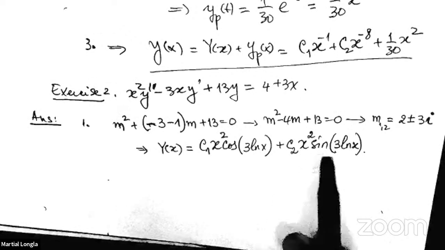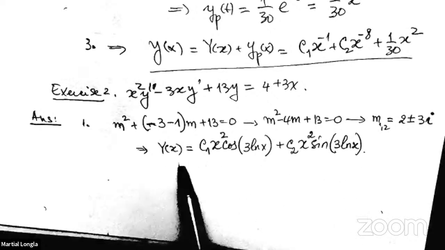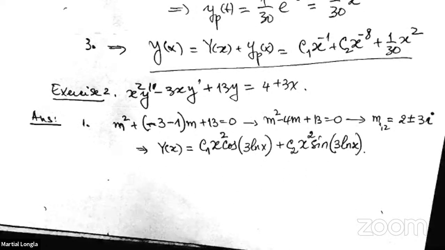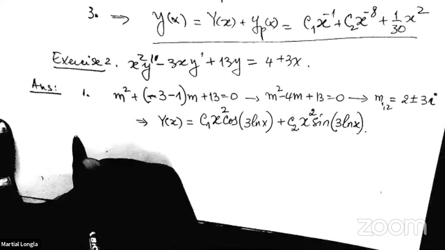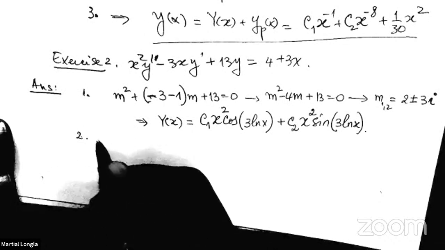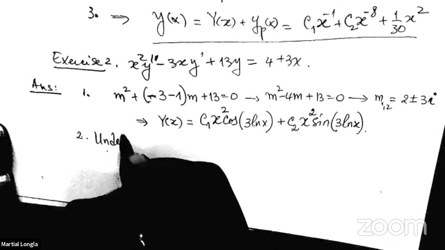So in this problem, I wouldn't even dream of doing variation of parameters. Seeing the cosines of natural logs and x squared, all of that multiplied, I better go and try the method of undetermined coefficients. So I go to part 2 again. I do undetermined coefficients here.